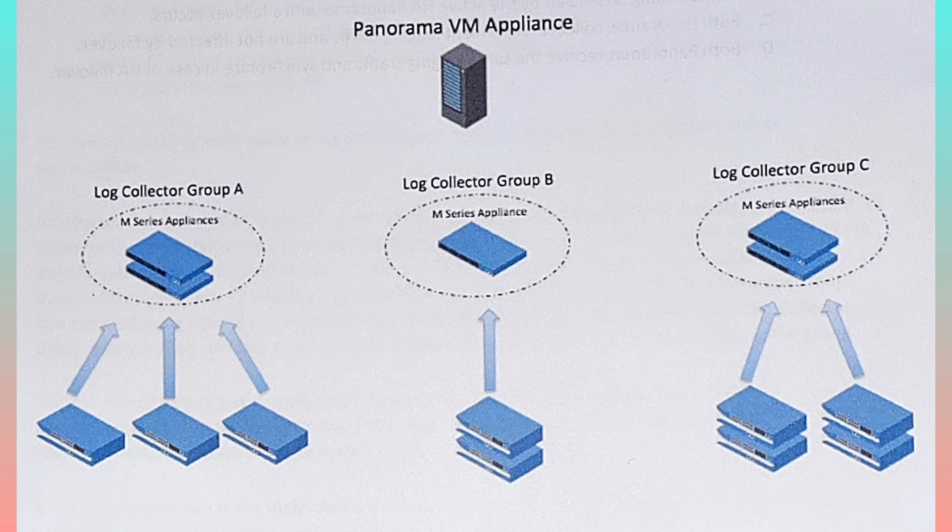The Panorama solution allows for flexibility in design by assigning this function to different physical pieces of the management infrastructure. For example, device management may be performed from a VM Panorama, while the firewalls forward their logs to dedicated log collectors.